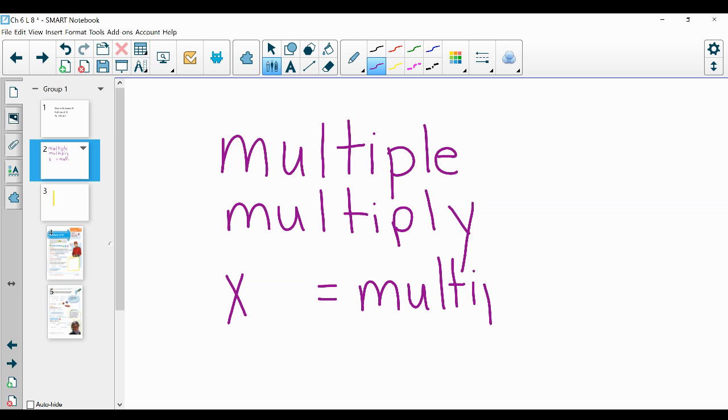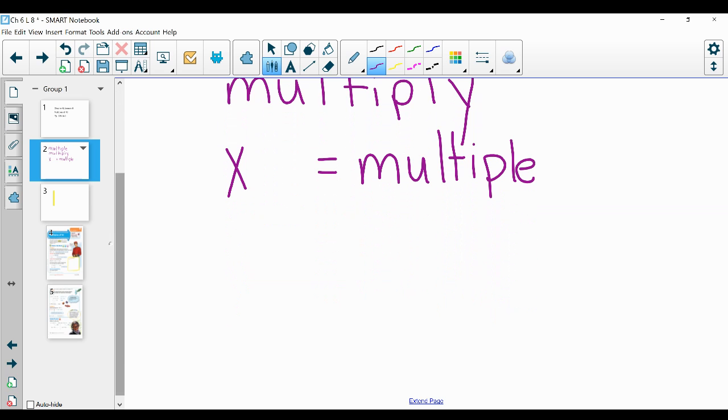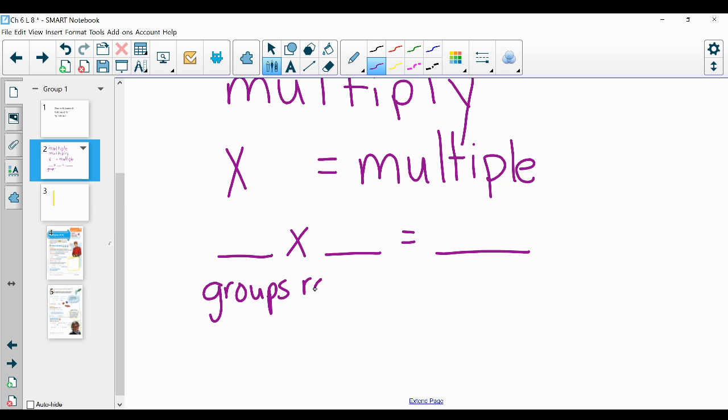So for example, when we think about our multiplication sentence frame, we already know that this is groups or rows of items in each group, which is a total.